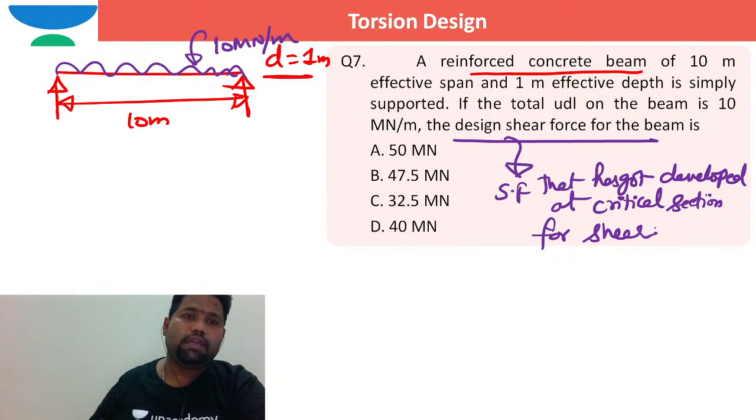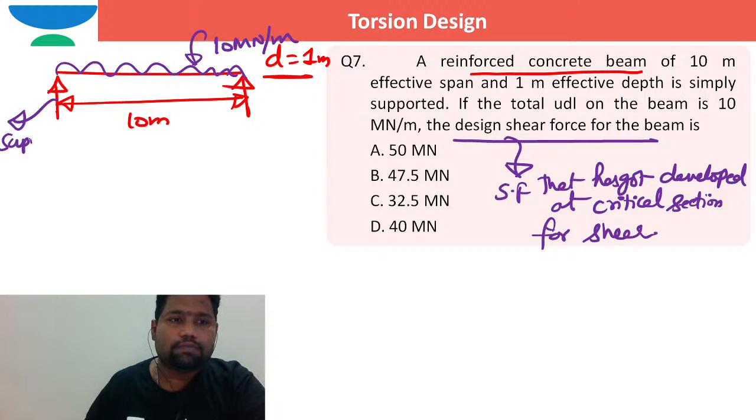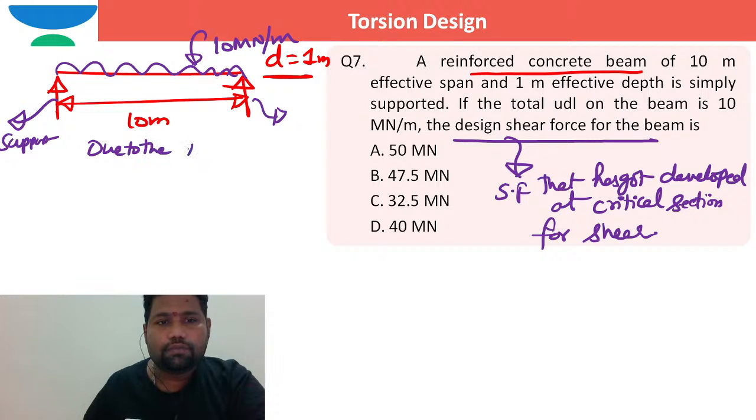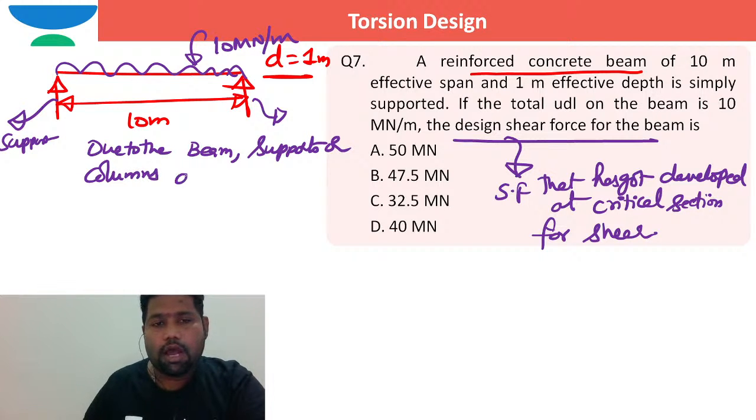Now you tell me, let us suppose these are supports. Right now the supports are under compression. So due to this beam, the supports or columns, whatever that may be, are under compression.